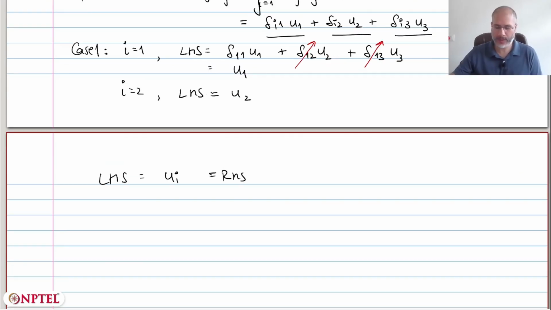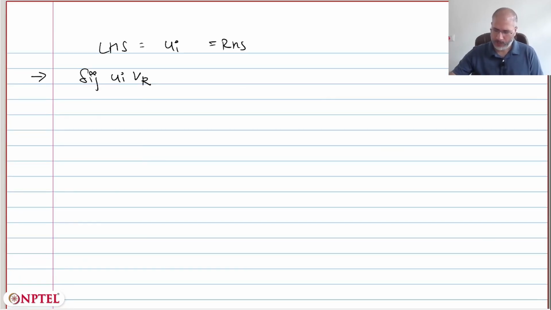So let's look at one more example. In this example, we have delta ij ui vk. In this case, the index i of the delta is a repeated index.